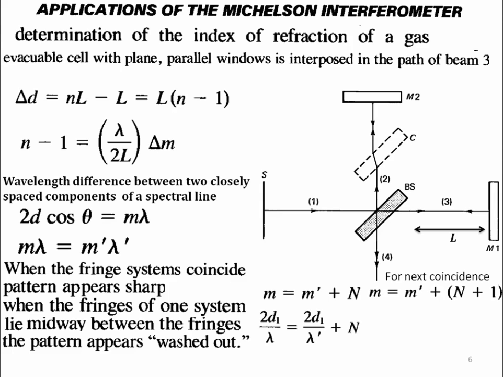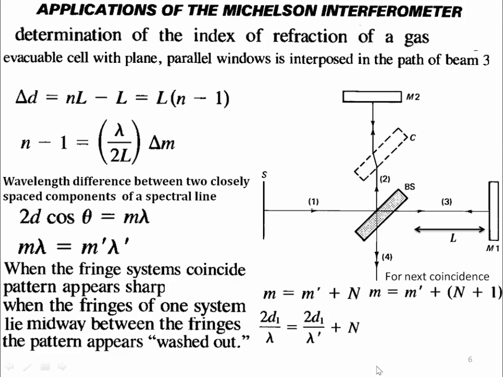Now we change d further, and the fringes will move, and there will be a next coincidence as well. In that case, m is equal to m dash plus n plus 1. When the next coincidence happens, one of the fringe systems, say an inner fringe, goes inward, and an outer one comes and overlaps with the second fringe system.